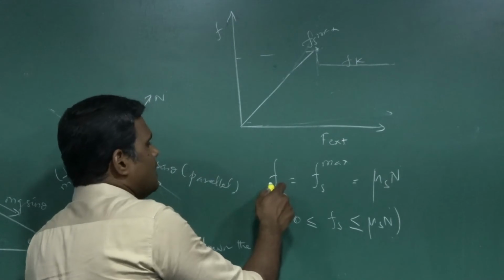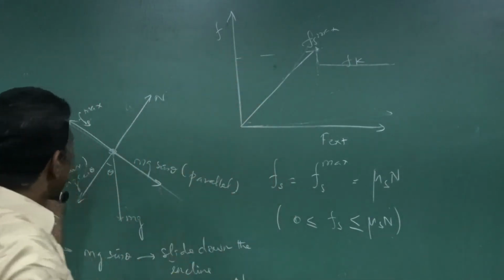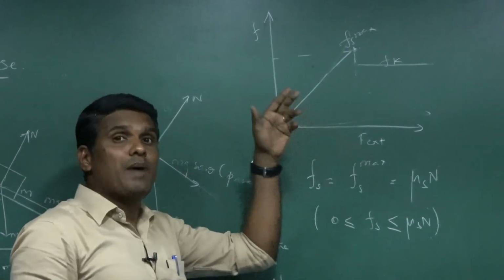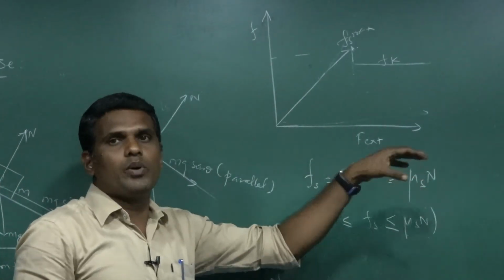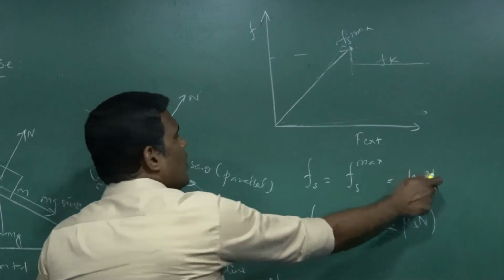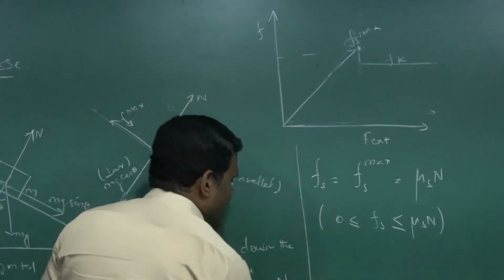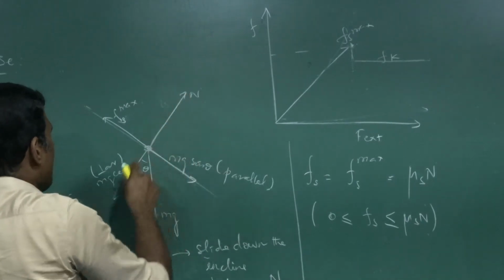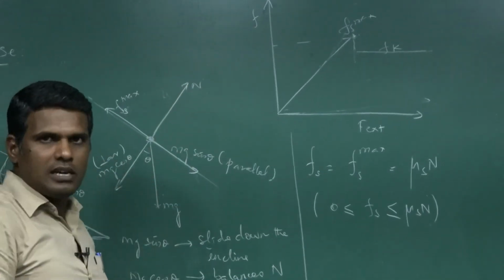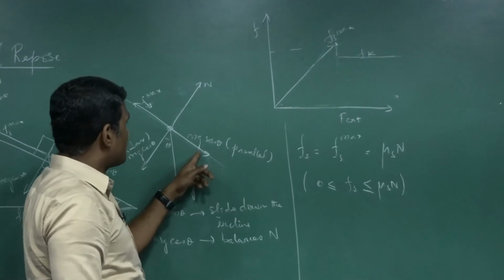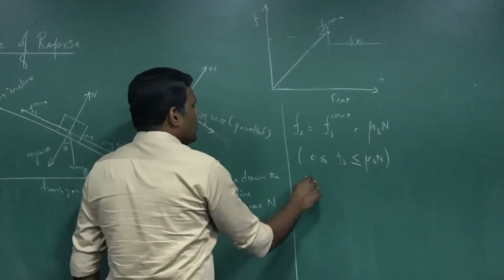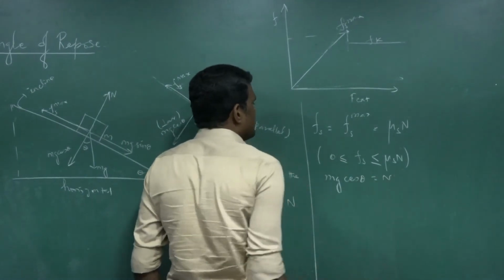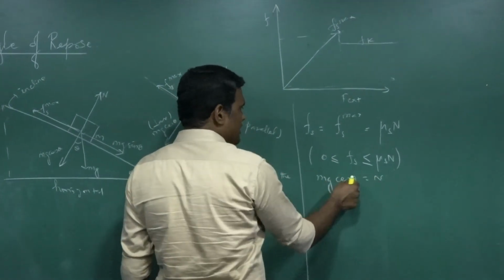So, when the object begins to slide down the inclined surface, the static friction is equal to Fs maximum, that is equal to mu s N. And what is this value of normal force? We can obtain it from this diagram. The normal force is balanced by the mg cos theta component, which is the perpendicular component for the inclined surface. So N is equal to mg cos theta.